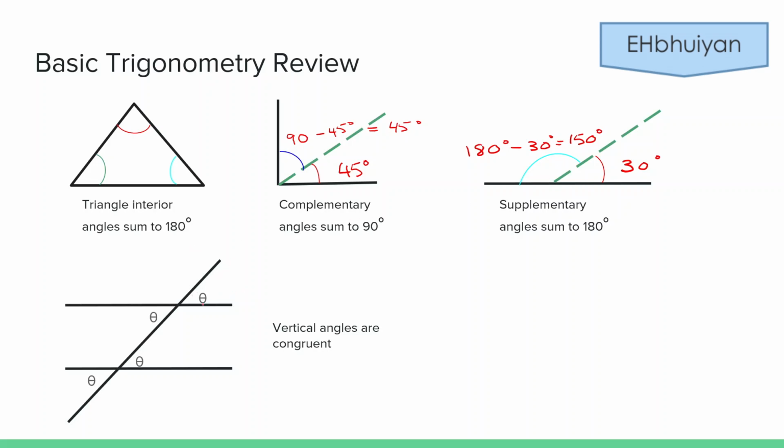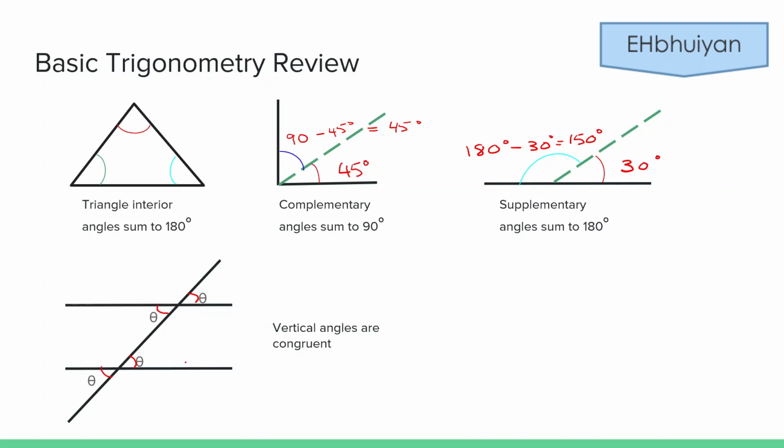Vertical angles are congruent, meaning they are the same angle value. So if this is theta, then this is also theta. And if two lines are parallel and there's a line intersecting them, if we overlaid this parallel line over here, we would come out with the same scenario, meaning this angle will also be theta, this angle will also be theta.